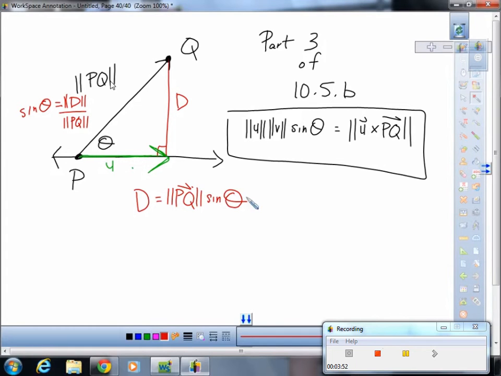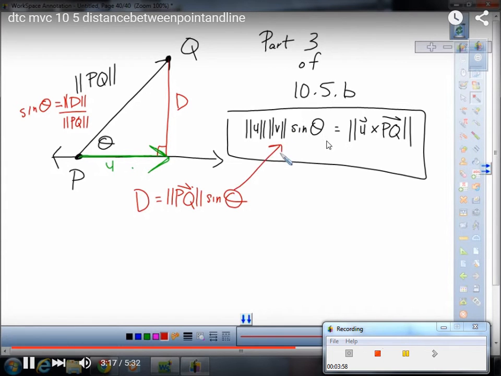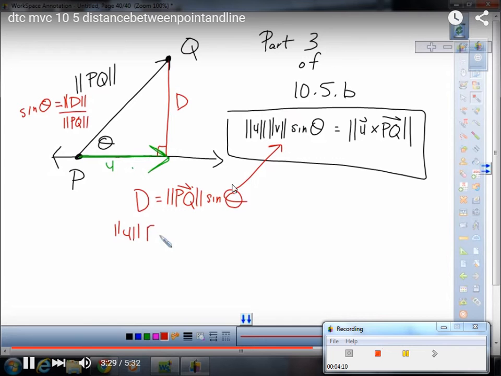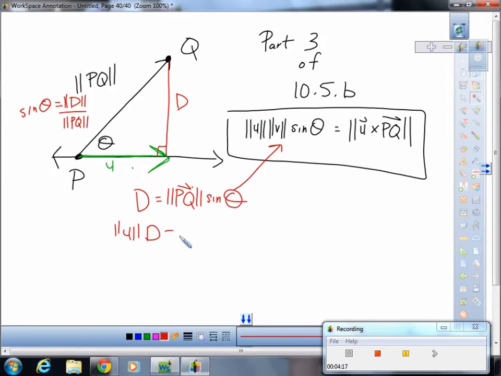Now look, that starts to look like this. Okay? We're just missing a magnitude of U. And the whole goal here is how can we find the distance if we don't know what theta is? Because we're not going to know the angle between the vector and the line. We're just not going to know that.